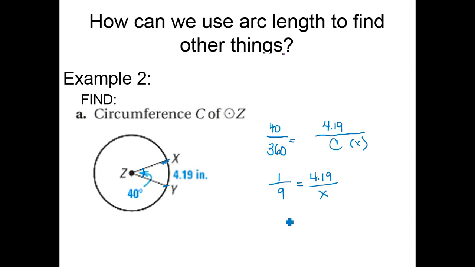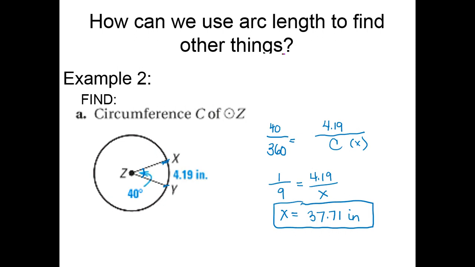So 1 times x is x, and 9 times 4.19 is 37.71, and I'm looking for the circumference. So again, that would be a length, so it'd be 37.17 inches. Okay, so that is the answer for the circumference.